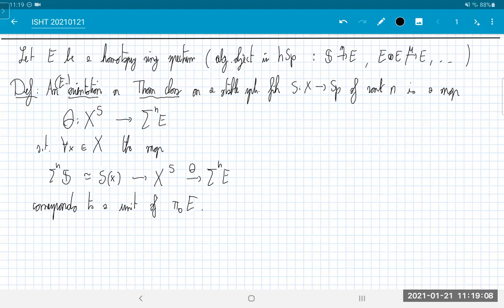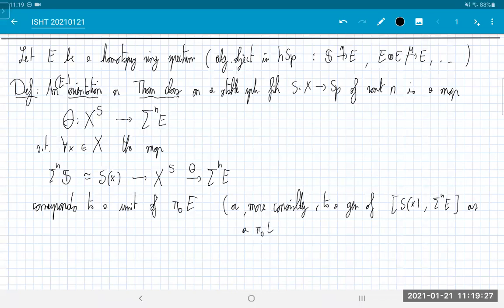well, if you want, or more canonically, to a generator of classes of maps as a pi_0 module. This is a free pi_0 module of rank 1.